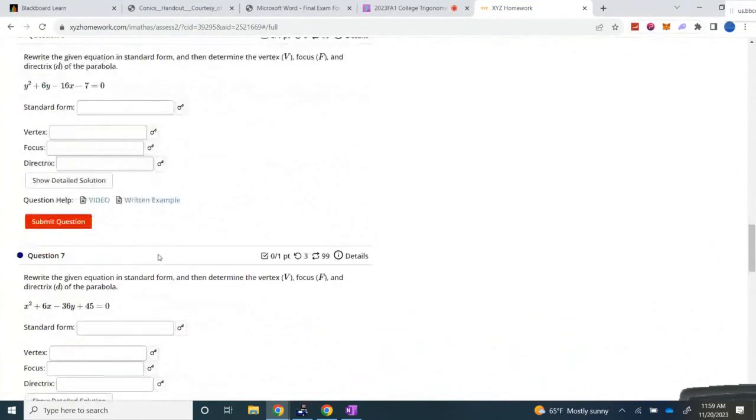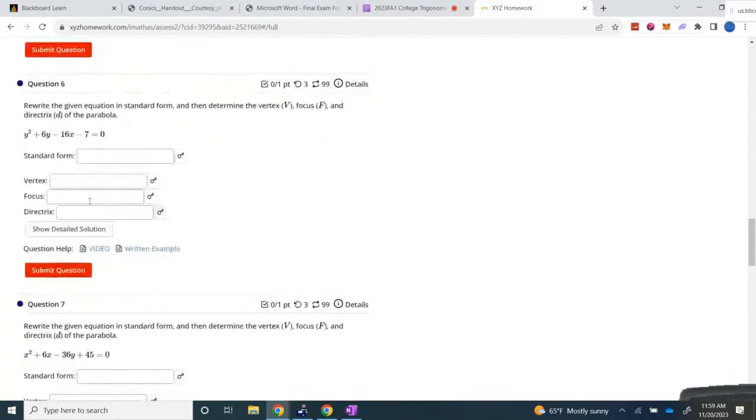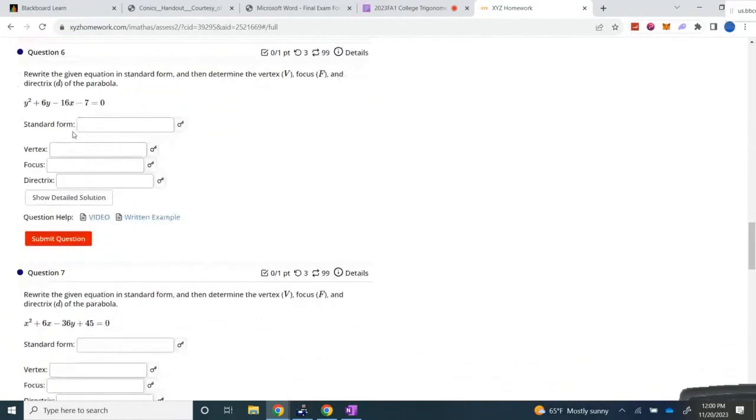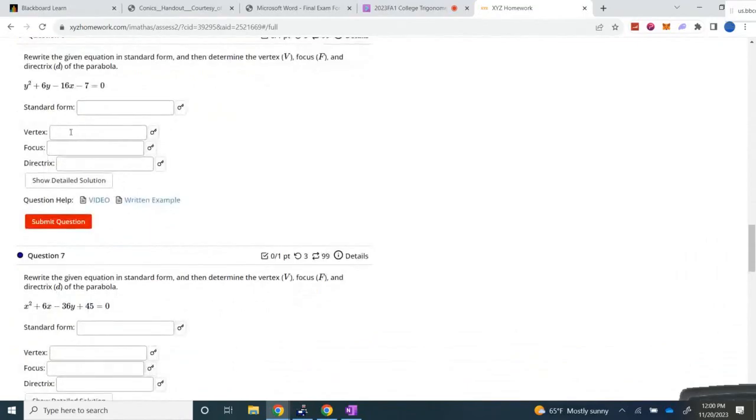All right, now number 6 and number 7, you have to complete the square. Number 6 says write the given equation in standard form and then find the vertex, the focus, and the directrix. So let me write that down.